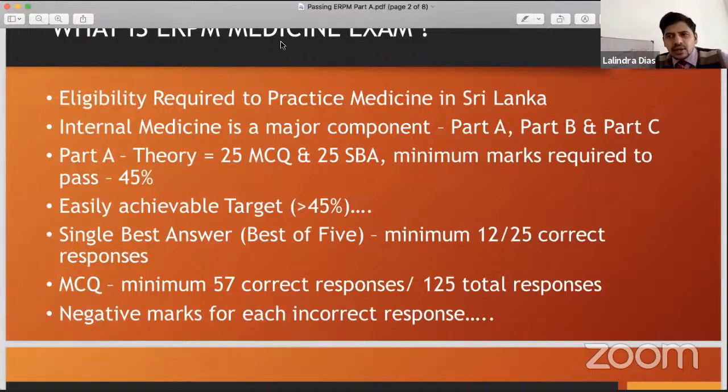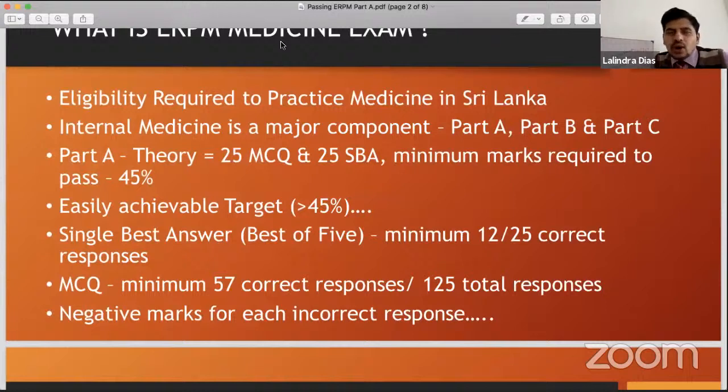And among the 125 responses, if you just get 57 correct, it's even below 50%, because half of 125 is about 62 or 63. So it's even below that level. You have to get only 57 responses correct out of the whole lot of 125 responses.